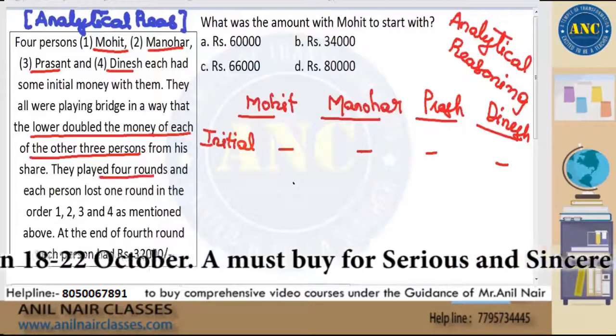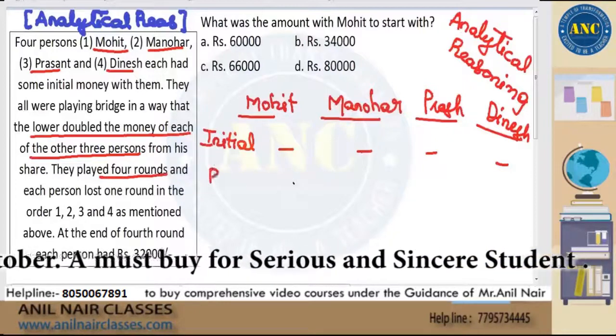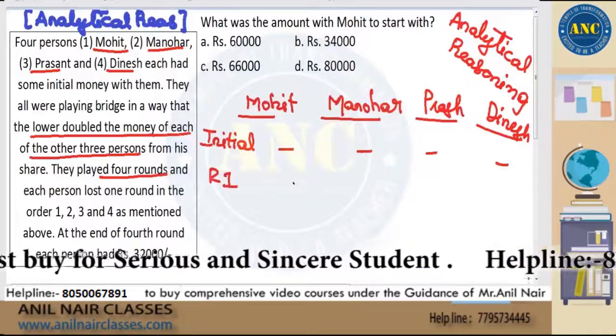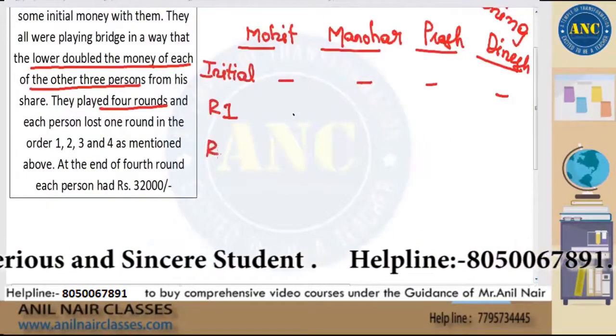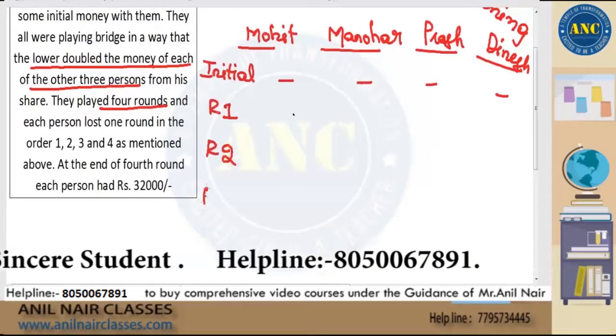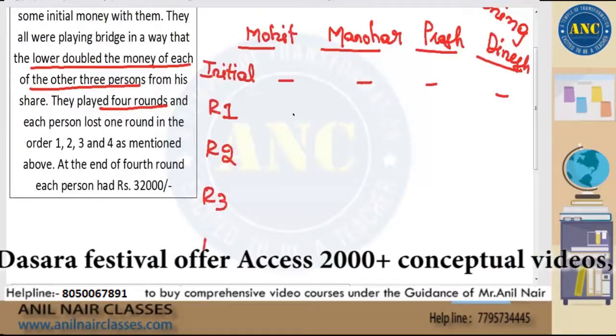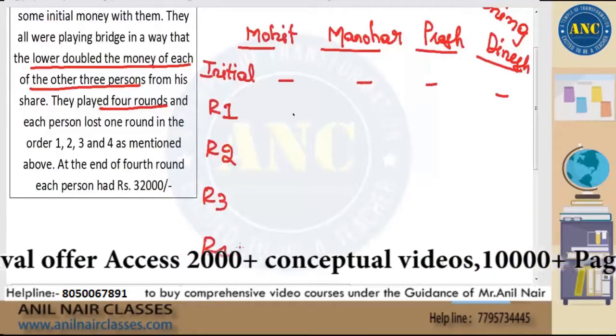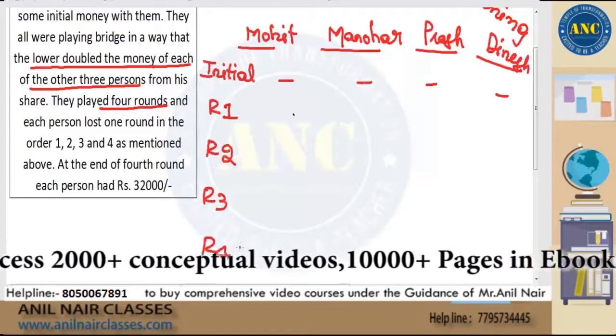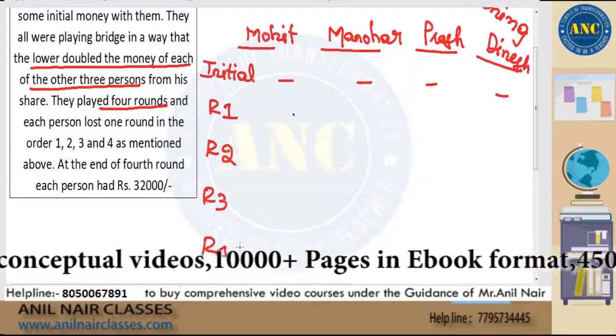They played how many rounds? 4 rounds. This is round 1, this is round 2, this is round 3, and this is after round 4.